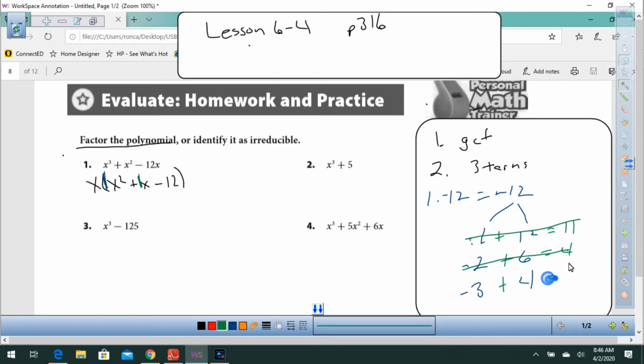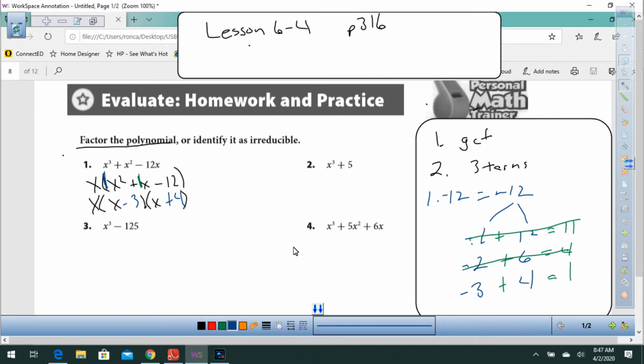Negative 3 plus 4 equals 1. Excellent, that's what we're looking for. So we're going to have x times (x minus 3) times (x plus 4). And that factors it.